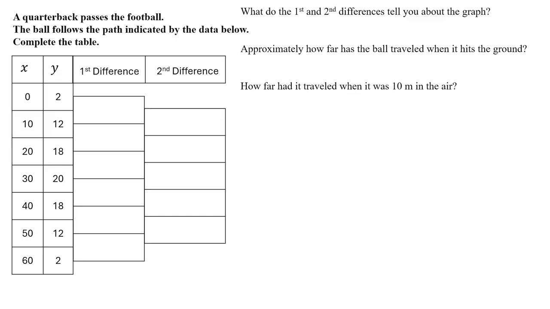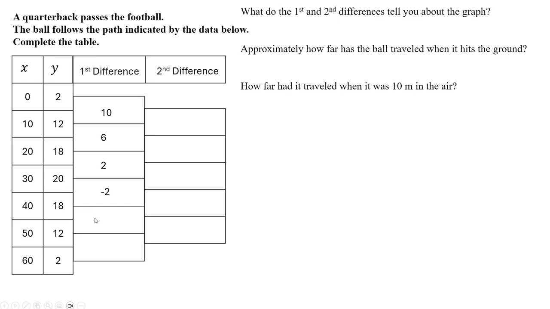Next question. A quarterback passes the football. The ball follows the path indicated by the data below. Complete the table. So we can do our first differences. 12 minus 2 is 10. 18 minus 12 is 6. 20 minus 18 is 2.